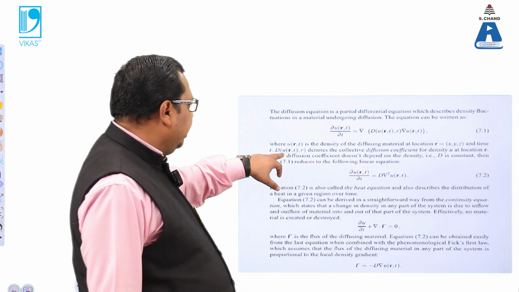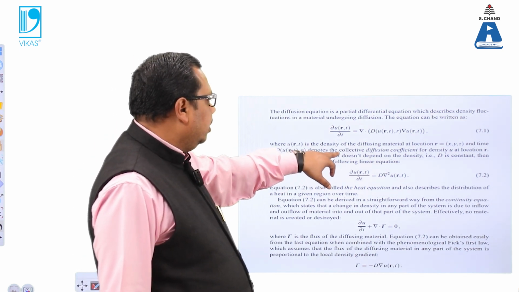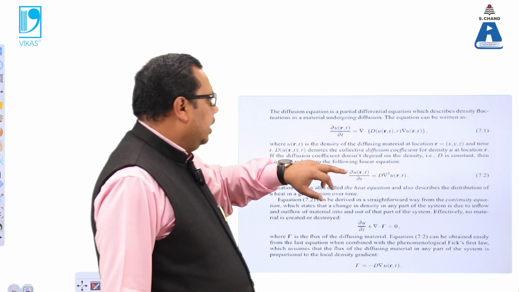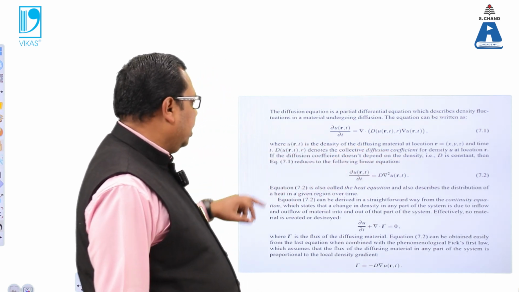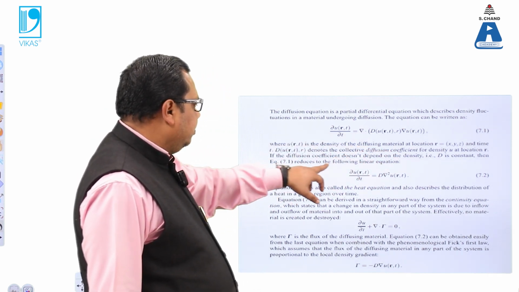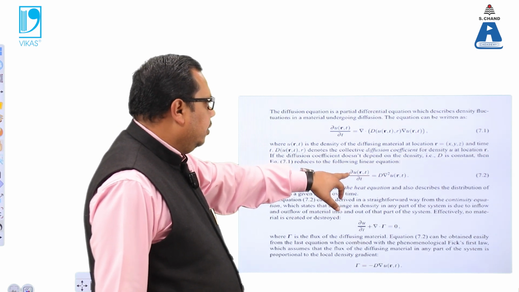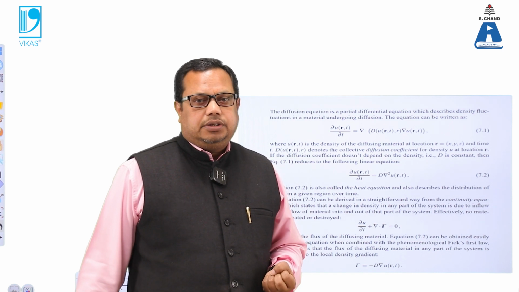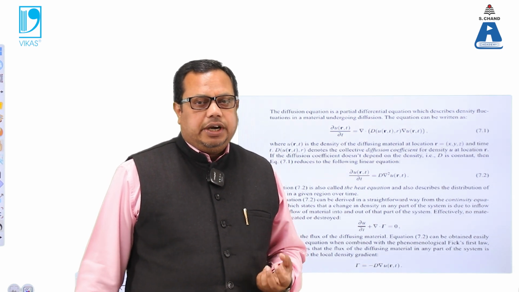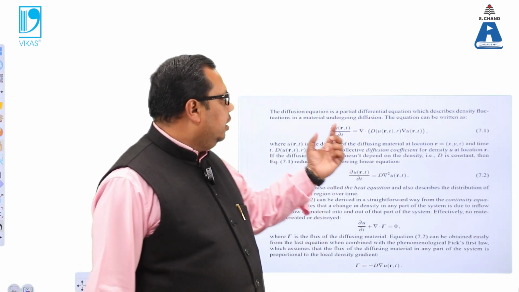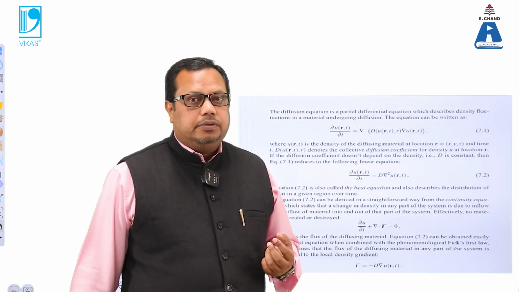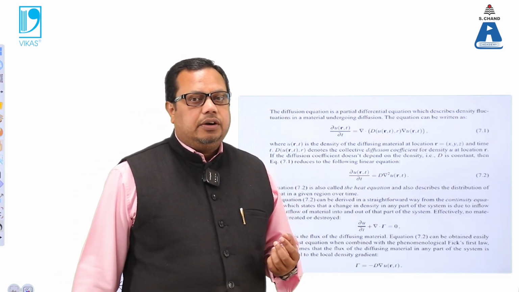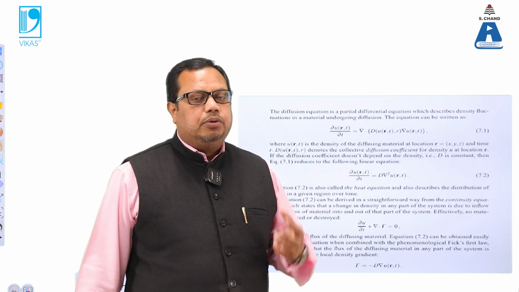So this D(r, t) is denoting the coefficient of diffusion of the density at a location r, and this coefficient of diffusion we are calculating. First of all, the diffusion rate we are calculating using the different variables for a diffusion, and after that we are calculating this at a given position.